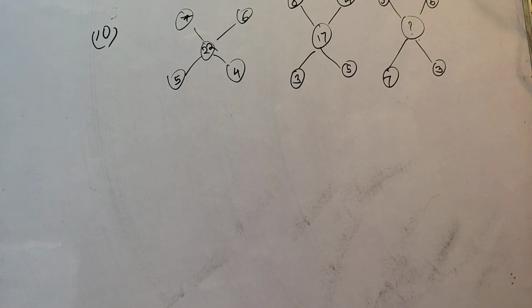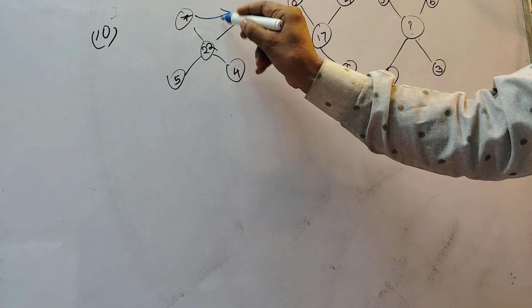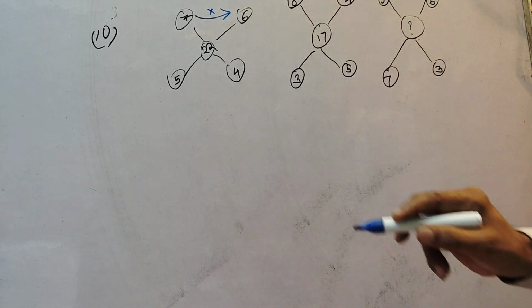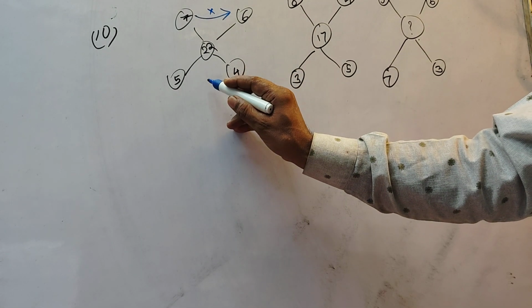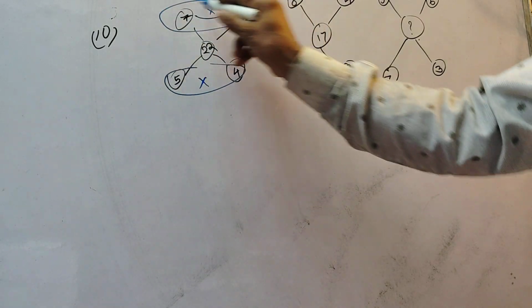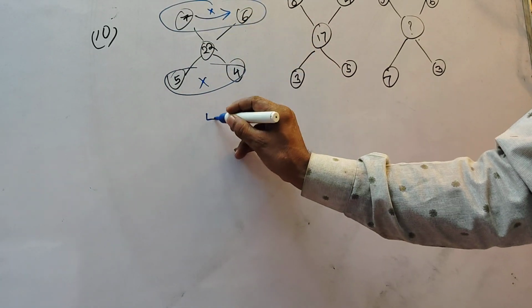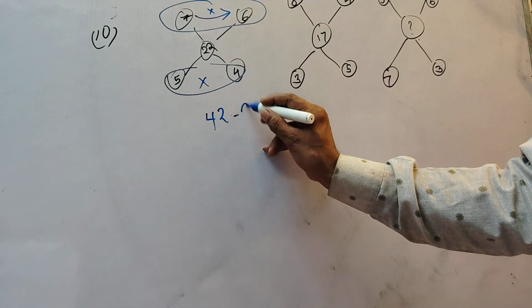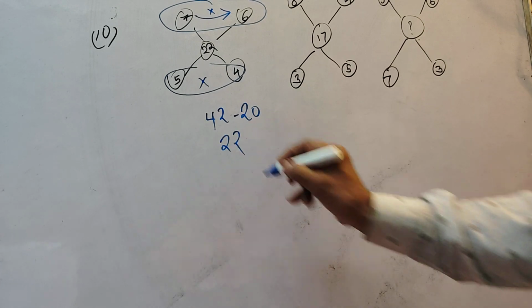So in the 10th one, there is 7 multiply 6. We multiply top values 7 multiply 6, and we multiply bottom values 5 multiply 4. Then we subtract. 7 times 6 is 42, 5 times 4 is 20. Subtraction gives us 22.